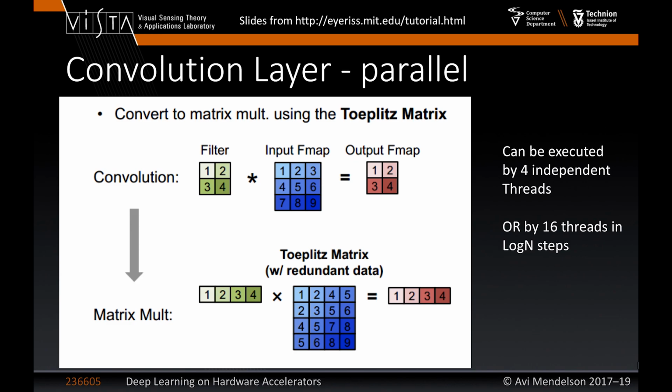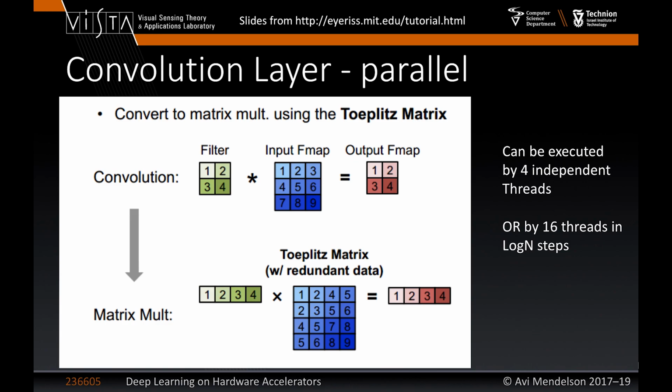We take this filter, which is 1, 2, 3, 4, and we want to multiply it by the window of 1, 2, 3, 4, 5, etc. First, we multiply this 4 by 4 filter by this window. Then we shift it by 1. So the first one will be this part, and then we shift it.